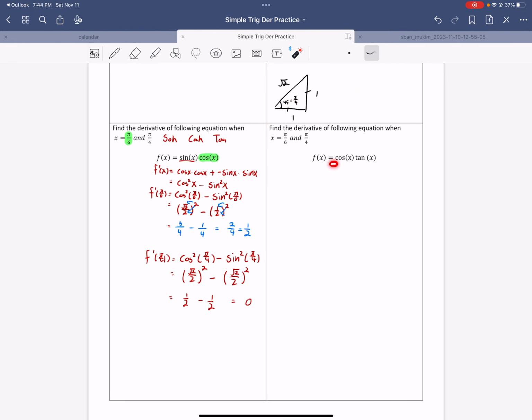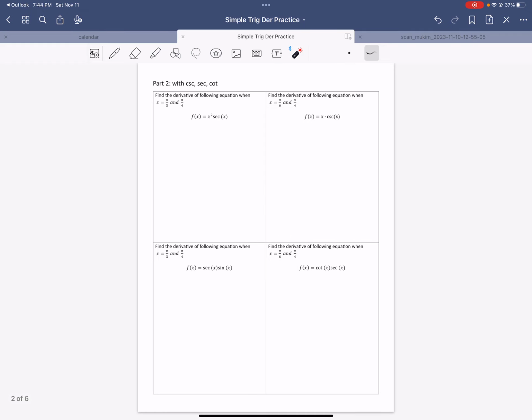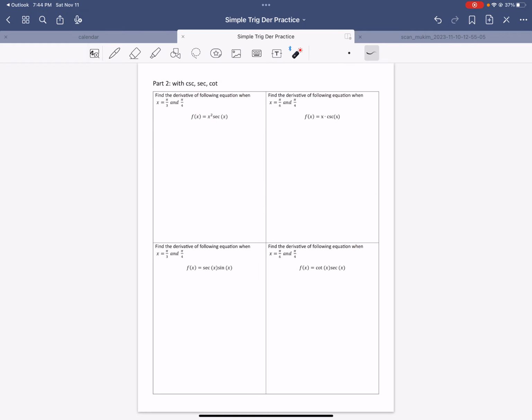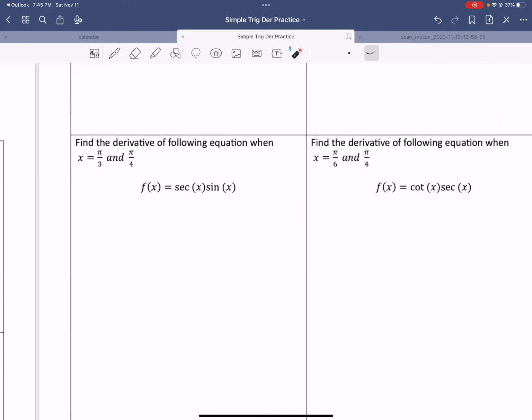You can try this one by yourself. Make sure you do the derivative of this one times copy this, plus derivative of tangent plus this, okay? So you can work on this one. Make sure you memorize the derivatives of all these things. And I think I even showed you how to do this one pretty quickly.